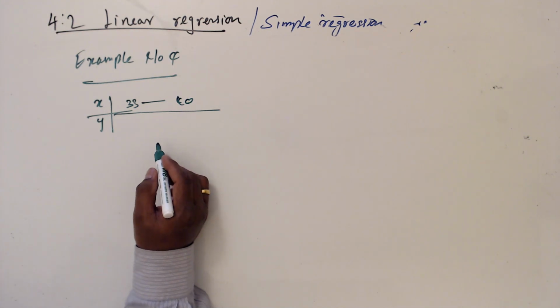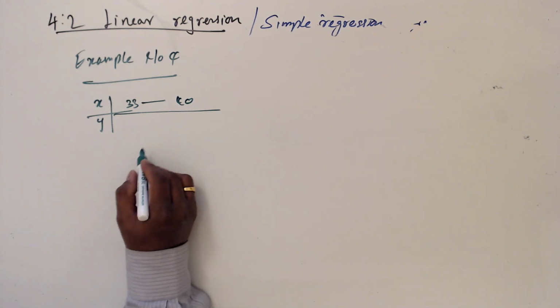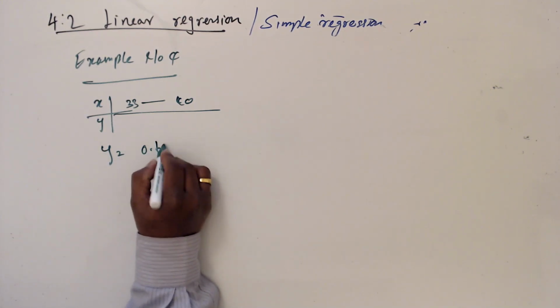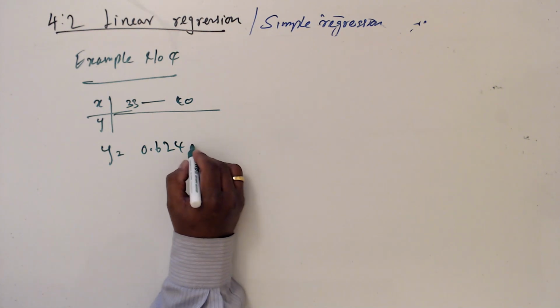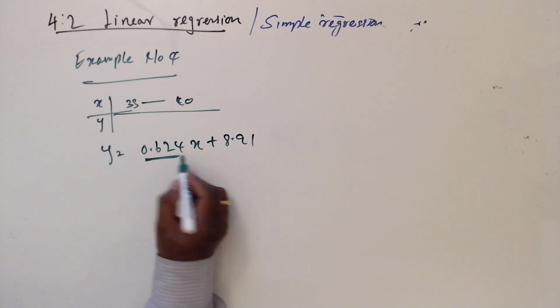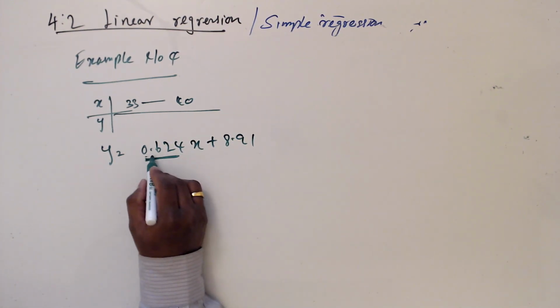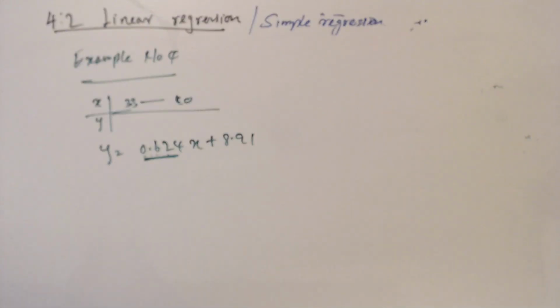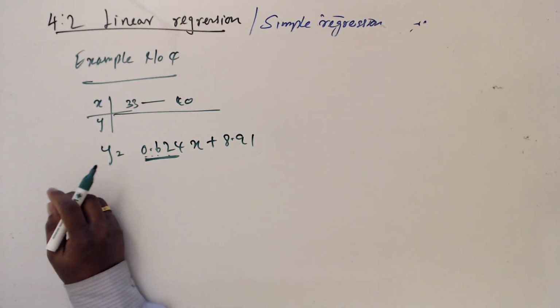Now there's a scatter graph as well, and the equation is y equals 0.624x plus 8.91. The x coefficient is 0.624. The regression equation is used to estimate the head circumference of a baby born at 39 weeks and a baby born at 30 weeks. Comment on the reliability of these estimates.